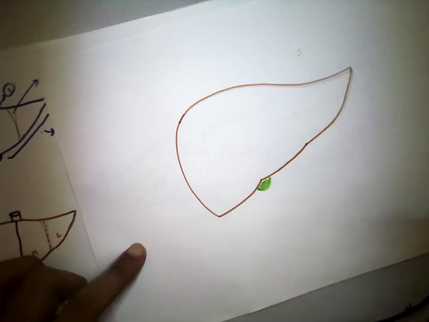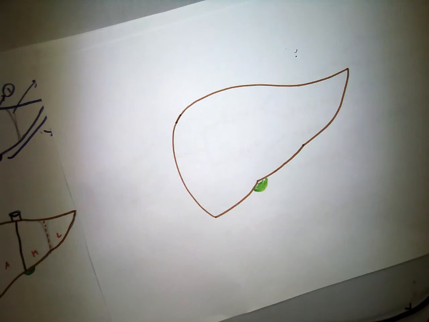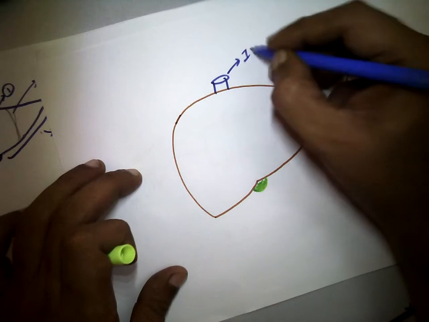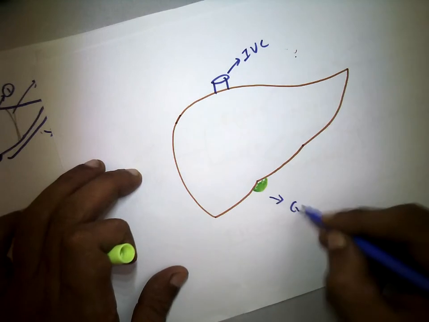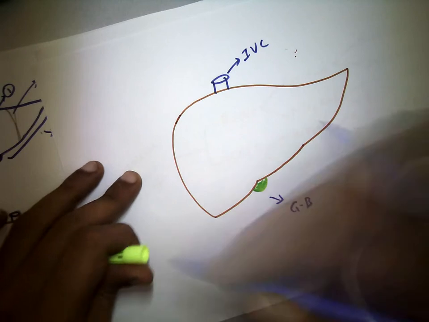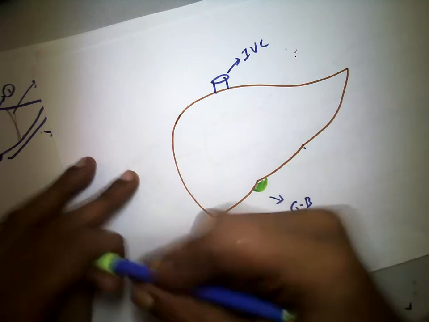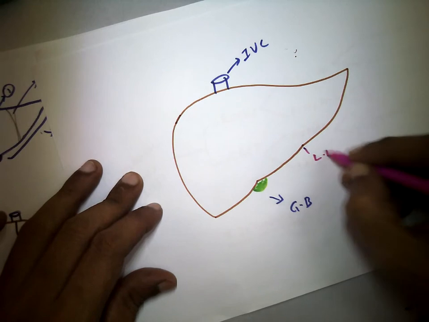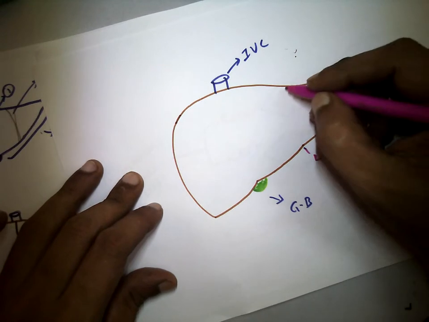The fundus of the gallbladder is seen. Exactly opposite to that we have the inferior vena cava here. This is IVC. This is gallbladder. Here is the notch for the ligamentum teres. This is the notch for the ligamentum teres.